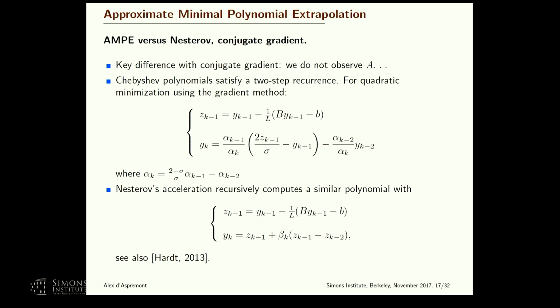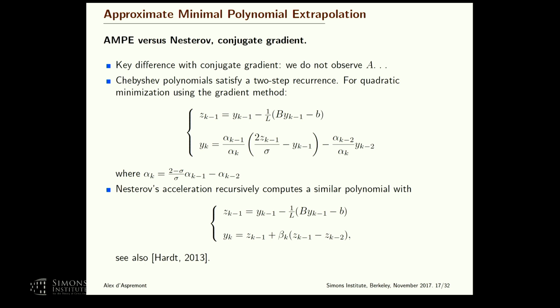And so it's a classical technique, and there are interesting connections with classical accelerated methods. There's a link with conjugate gradient. There's a similar flavor, but the key difference here is that we do not observe A, so it's not the same story. What's a little bit more interesting is that, in fact, Chebyshev polynomials satisfy a two-step recurrence.